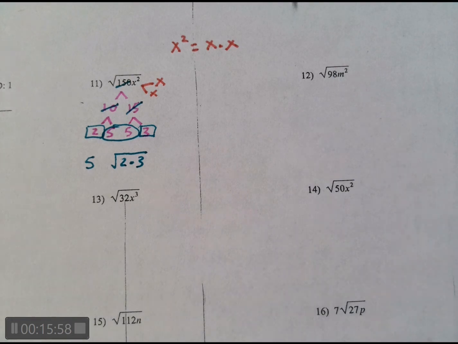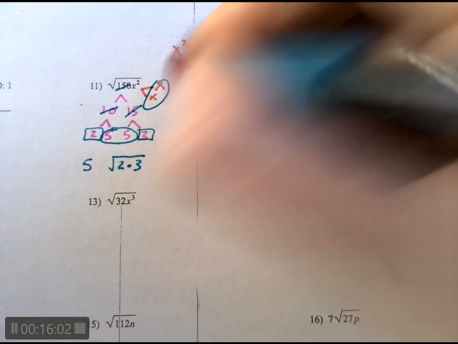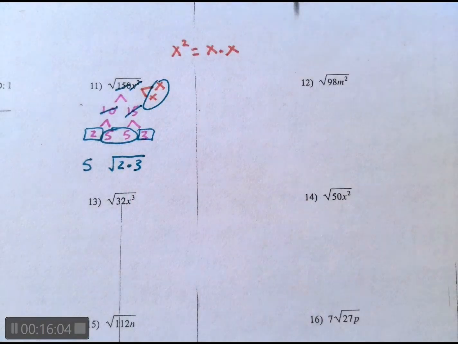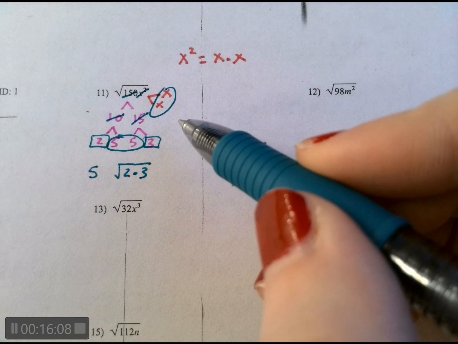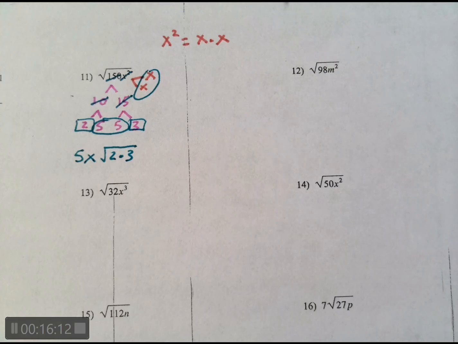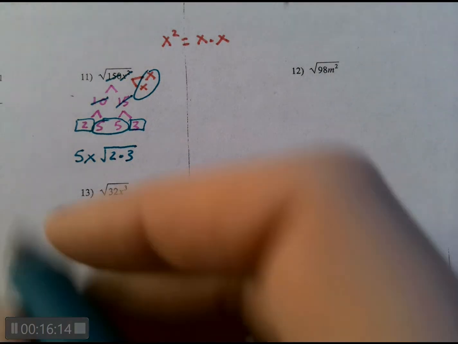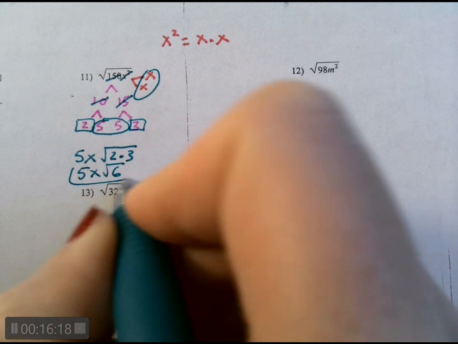Okay? So I'm going to circle my pairs, and I'm going to cross out what I used. Cool. And just like with the numbers, the pairs will go on the outside. Okay. So our answer is going to be 5x square root 6.